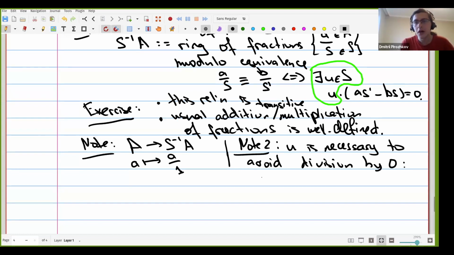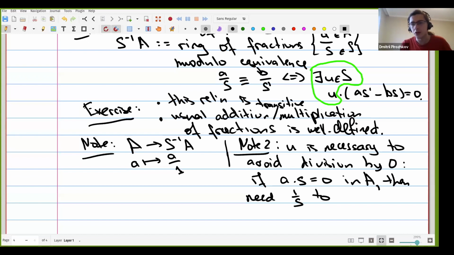In the sense that if we can find some element a and element s of our multiplicative subset so that this product as is 0 in A, then we need 1 divided by s to be 0.